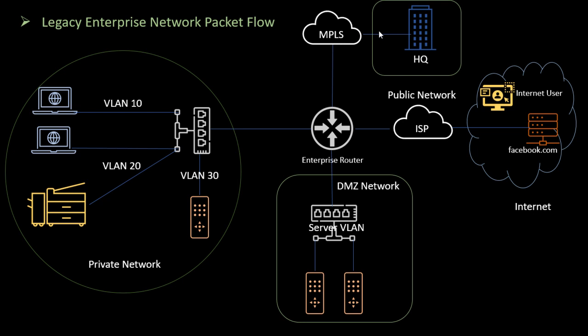When you type facebook.com, the very first thing is your DNS query, which goes to the DNS server, and then you get the reply with the IP address to which you need to make the connection, right? Now the very next packet will depend upon the ARP entries.